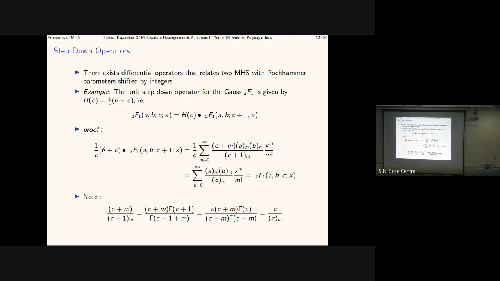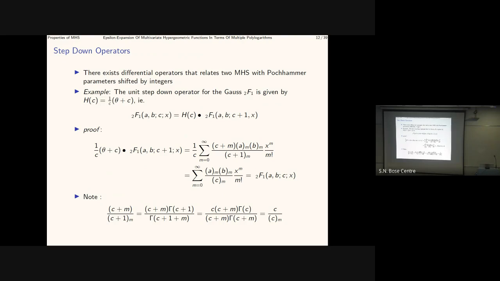So for example, this operator, where again theta is the Euler theta operator, when it acts on this Gauss 2F1 with a, b, c plus 1, it reduces the parameter in the c by 1 unit. How? Let's do that. We apply that operator here, and this is essentially some gamma function manipulation.